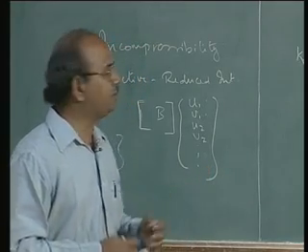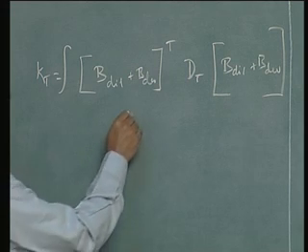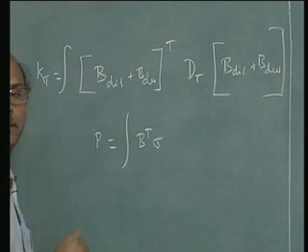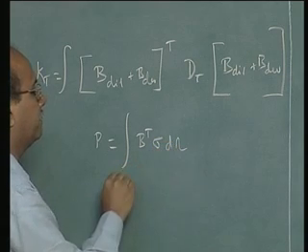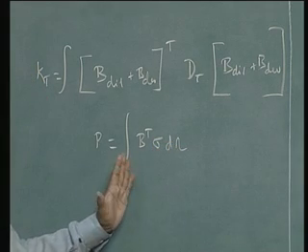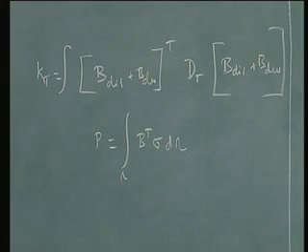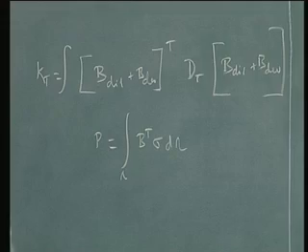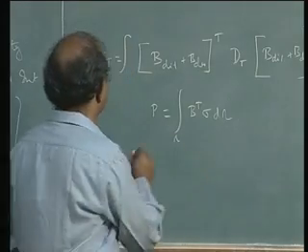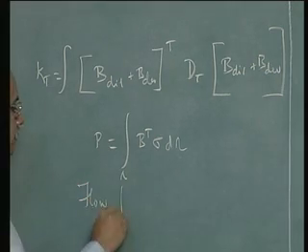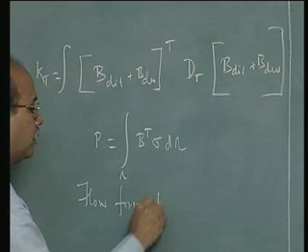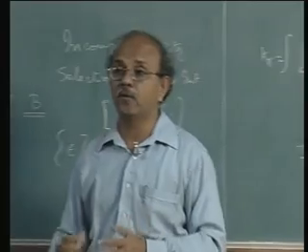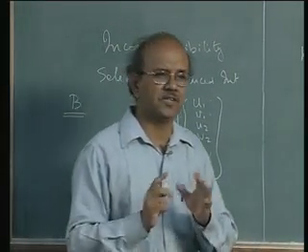So in one of the implementations, people feel that they can write this P as B transpose, say sigma, into d omega, and say that sigma can be split into deviatoric and the dilatational part, and use only B dilatational separately and B deviatoric separately. In fact, many of the flow formulations in plasticity, which are used for doing metal forming problems, they use this in a very simple fashion.